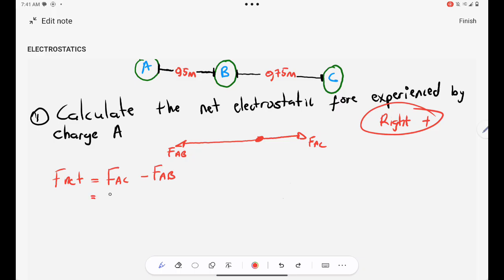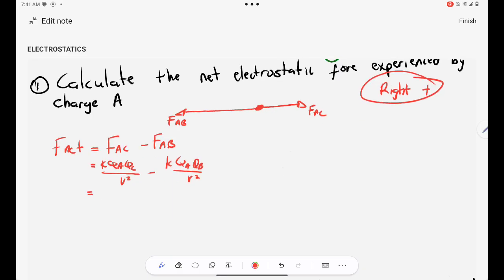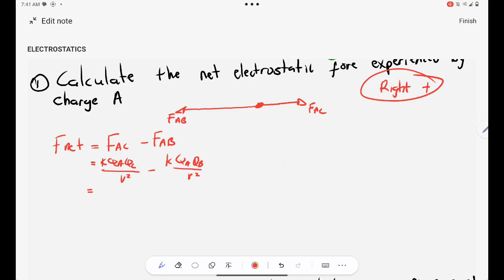That's kQ_A Q_C over r squared minus kQ_A Q_B over r squared. Remember that k is Coulomb's constant. It's given at the back of your question paper. That's 9 times 10 to the power 9.